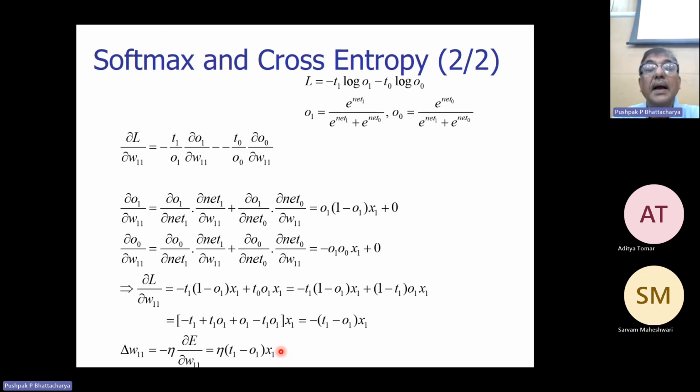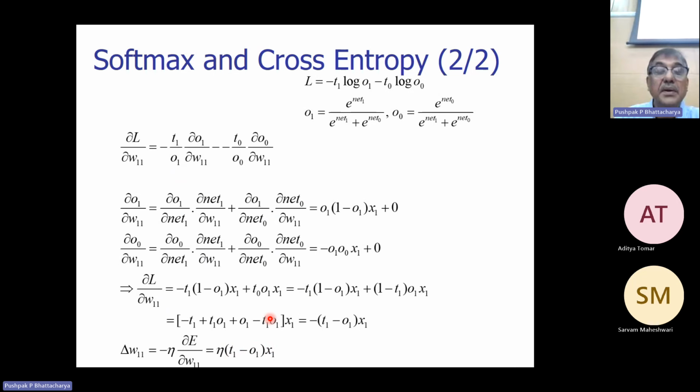And this happens because you will have to consider the self-derivative and also the derivative of other neurons which are participating in the softmax expression. But the sum and substance is that the weight change expression is again independent of the derivative of softmax.